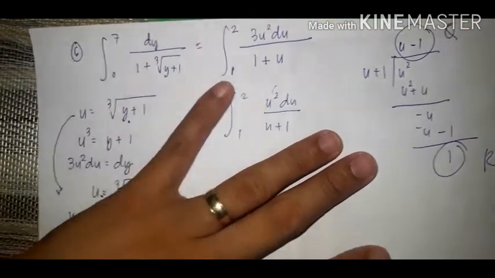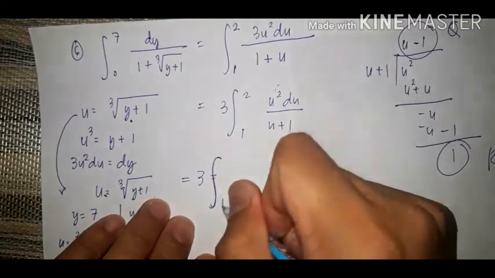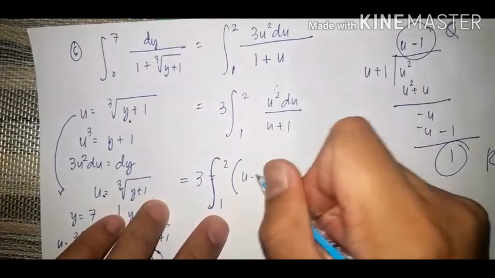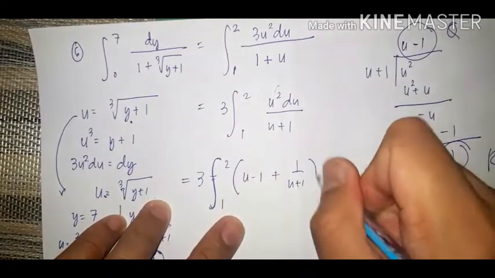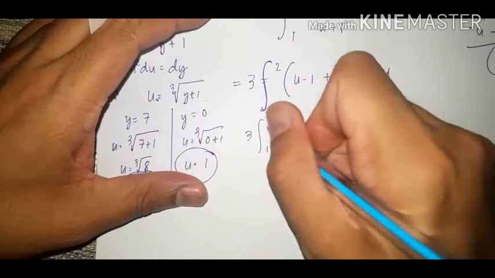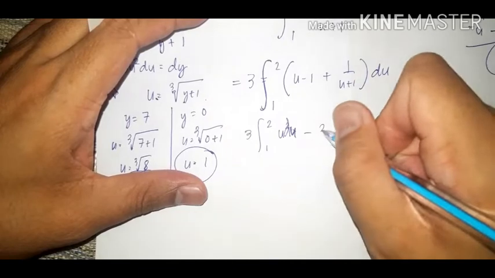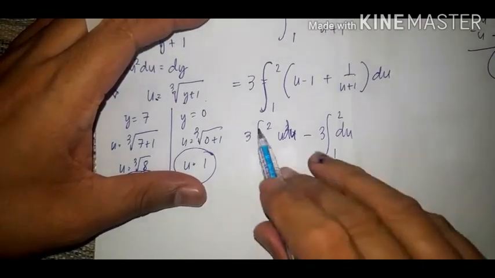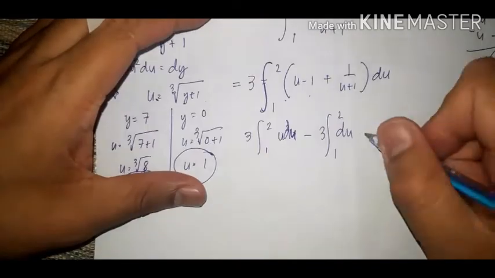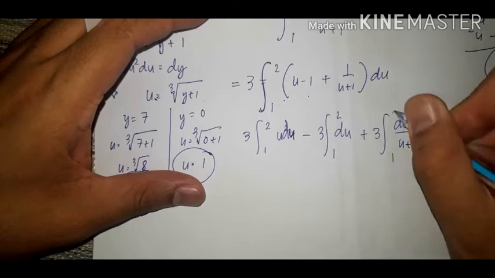This is your remainder. So this now is 3 times the integral from 1 to 2 of the quotient u minus 1 plus the remainder 1 over the divisor u plus 1, du. So distributing, you have 3 times the integral from 1 to 2 of u du minus 3 times the integral of du from 1 to 2, plus 3 times the integral of du over u plus 1 from 1 to 2.